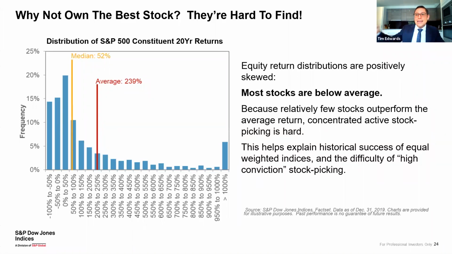That gains for a stock, if it really starts to have a great success, the gains are almost unlimited. You know, in this sample, Apple was up 30,000%. That's a practically unlimited gain. But the downside is limited. They can only lose 100%. And so it's natural to expect over the long term this kind of pattern to appear.